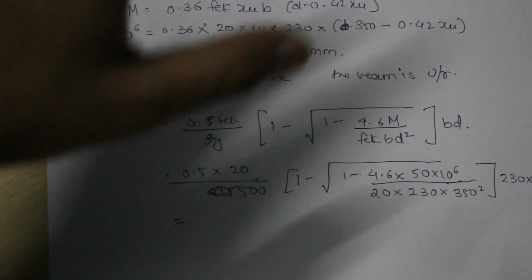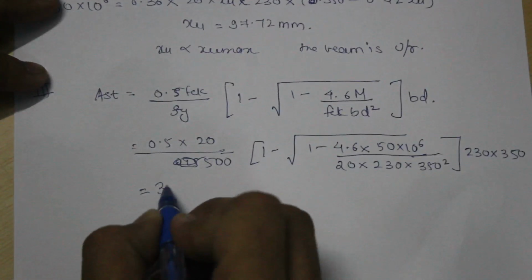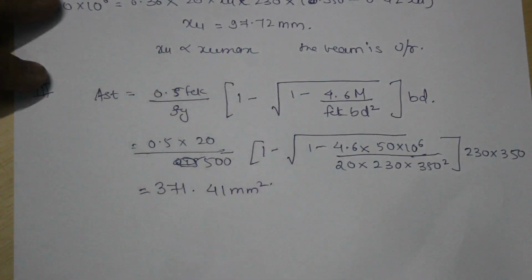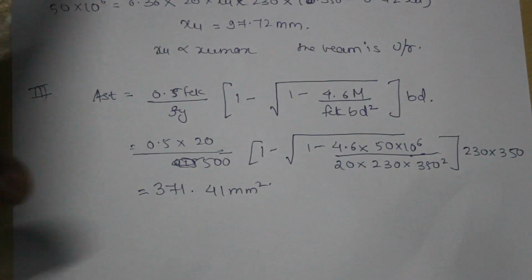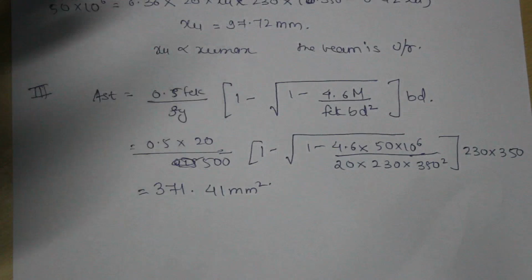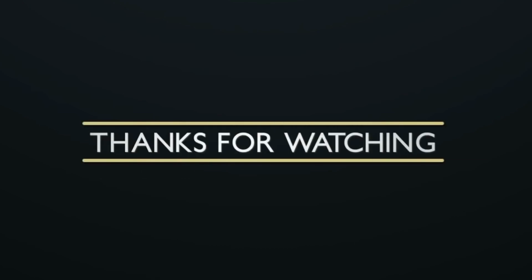So if we put all of this on the calculator, you'll get the value as 371.41 mm square. So this is the design problem. You got the value of area of steel. You can provide any number of bars as required by you. So that's all with the design and analysis of a singly reinforced beam.